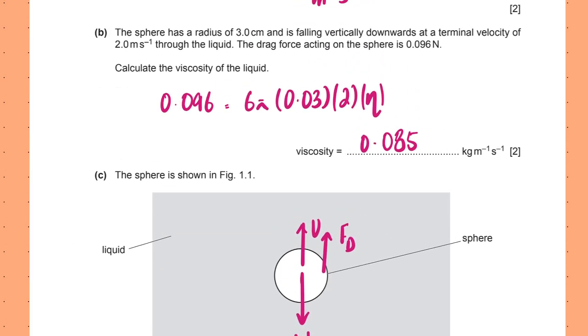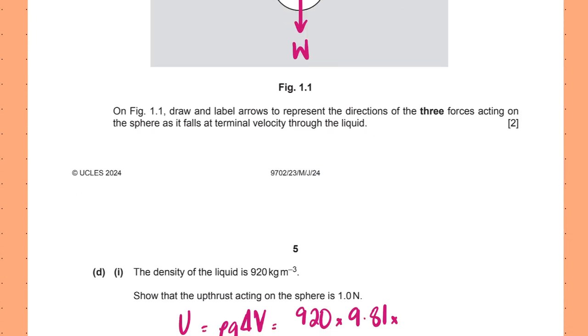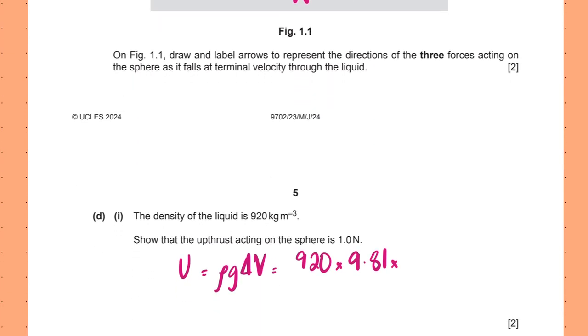So I can find the volume using the volume of a sphere formula, which is 4 by 3 pi r cube. Pi r is 0.03 cubed, and when you evaluate this turns out to be 1.0 Newton corrected to SF.